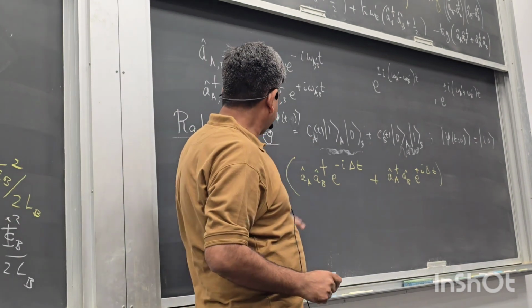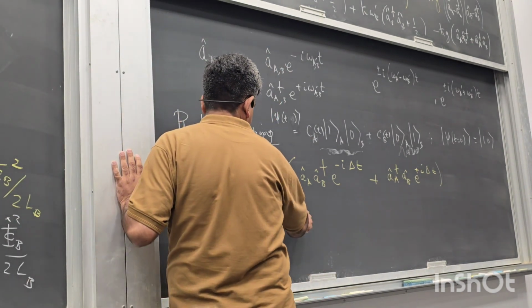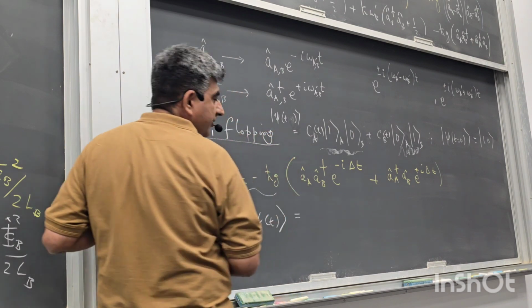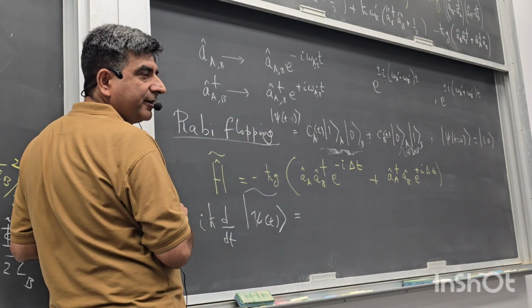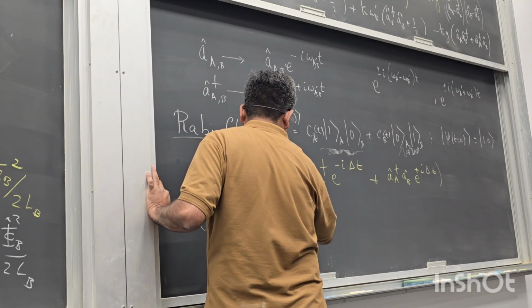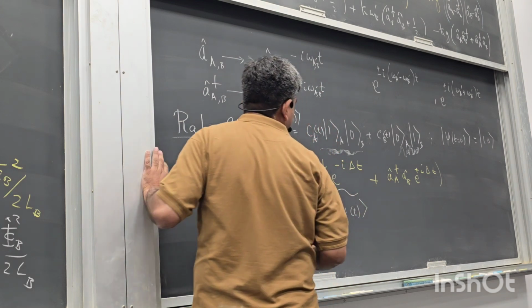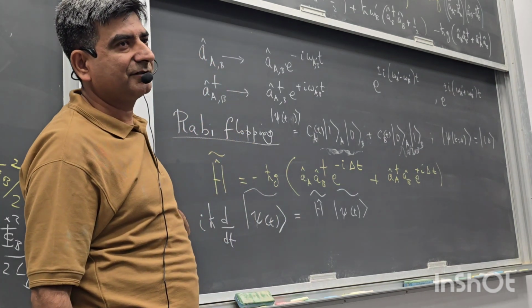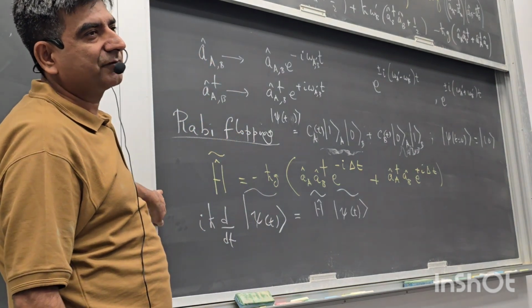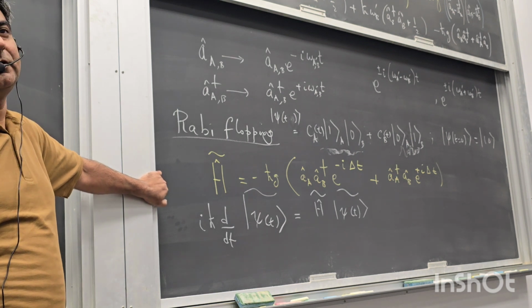So these coefficients are time dependent. I find this derivative. Everything is in the interaction representation, so I put a tilde over this state. Okay, so I solve this equation. I will get a differential equation for CA and a differential equation for CB.